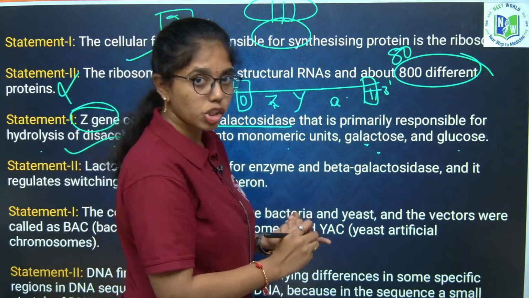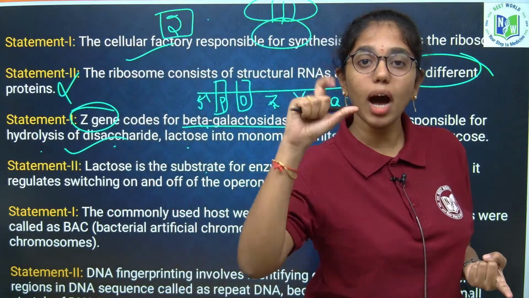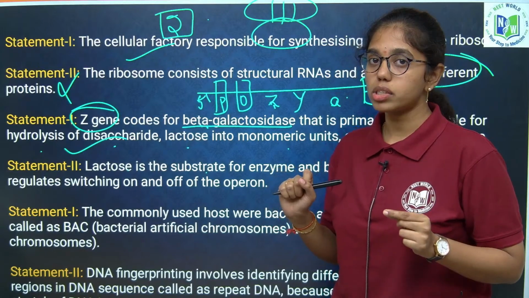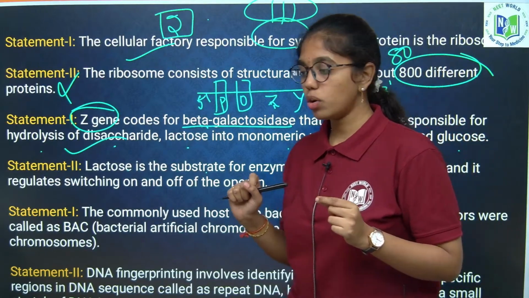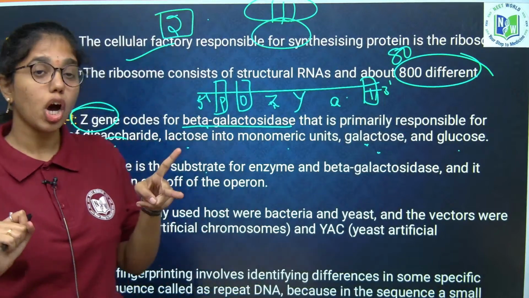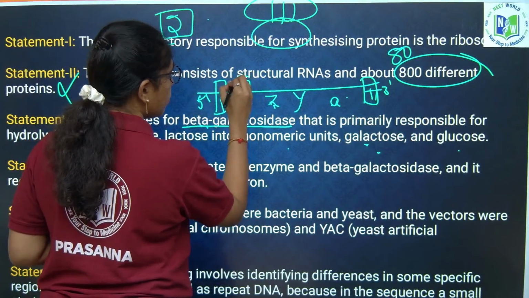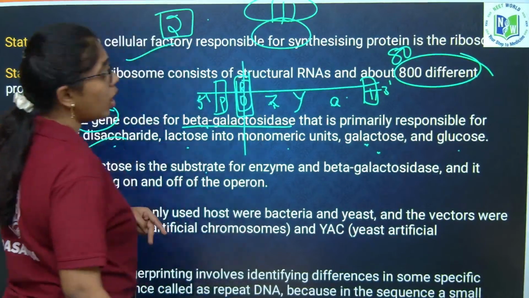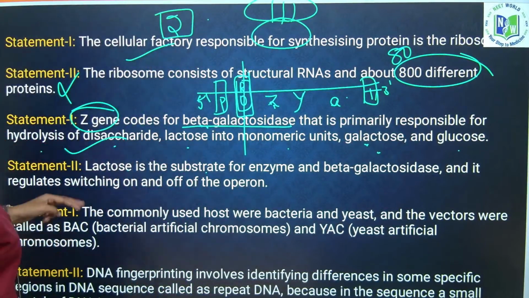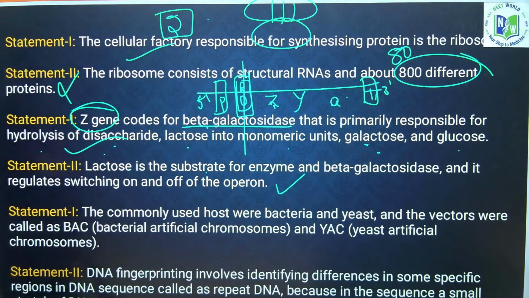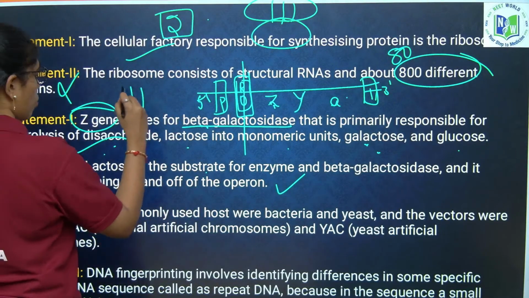In the presence of lactose, it is switching on the process. In the absence of lactose, the process is off, because at the operator region the repressor will bind and block the process of transcription. So yes, this is true. When both the statements are correct, you have to go for option 1.